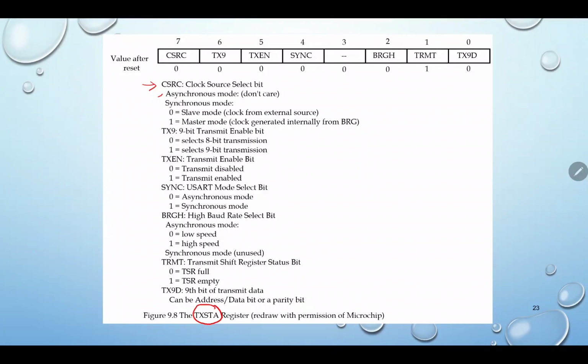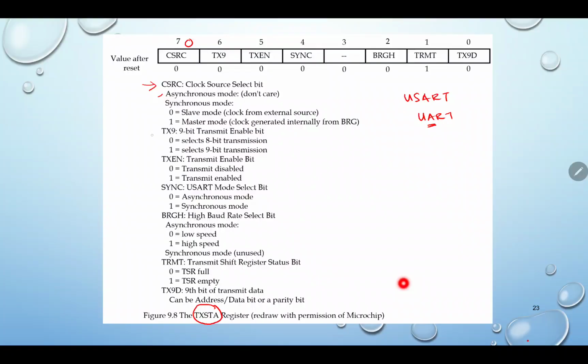In most of the current situations, we actually use the asynchronous mode, not the synchronous mode. It stands for synchronous, asynchronous, transmit, receive, but most of what we use now is UART, which is only asynchronous. Synchronous, we don't use that much, but that option is there. So in most of the time, if it's asynchronous, don't care, so we can always leave this as 0.